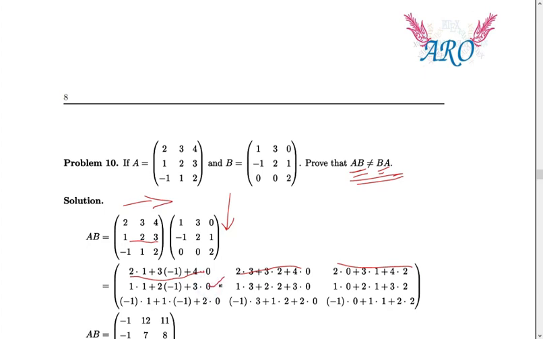Another one is 1.3 plus 2.2 plus 3.0, and another is 1.0 plus 2.1 plus 3.2.